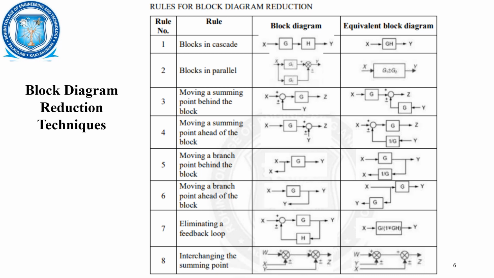And while eliminating the feedback loop, in the second rule we have seen feed forward terms because both the lines are in the forward direction. While you are considering a feedback term, then you have to reduce it accordingly. The value g is a transfer function and h is a feedback element. If it is a negative feedback, then the reduction value will be g divided by 1 plus gh.